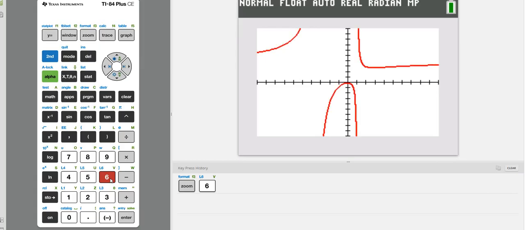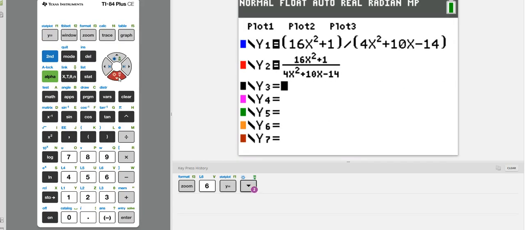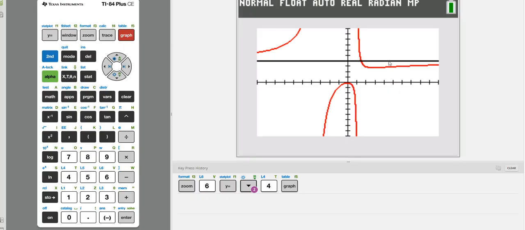It actually looks pretty good here, right? You can kind of see your horizontal asymptote up at around 4. In fact, you could add that in if you wanted to your graph. Just type in y equals 4 and see that, yeah, it's getting close to that. So the standard window actually works pretty good.